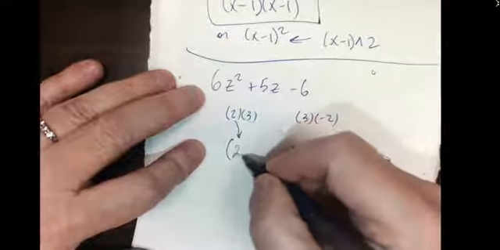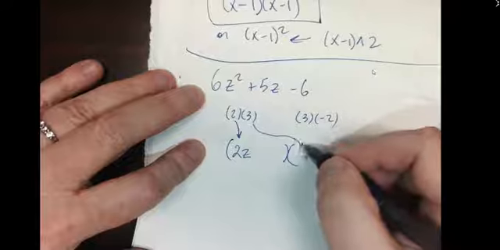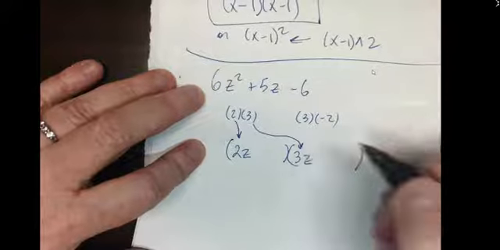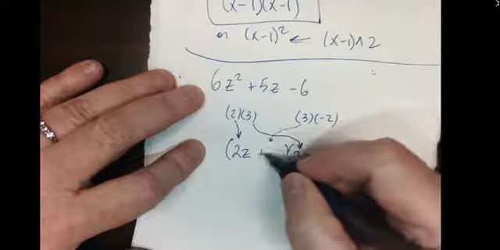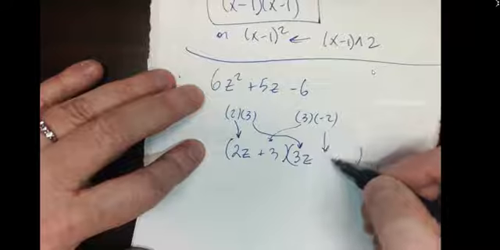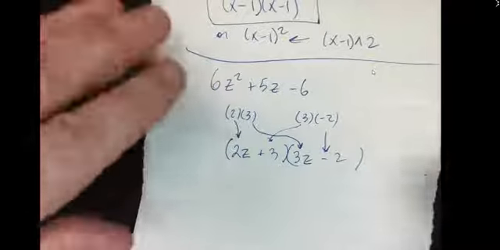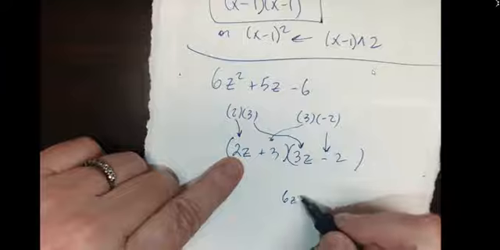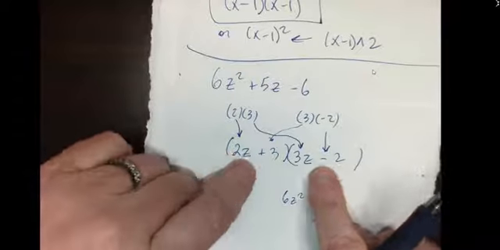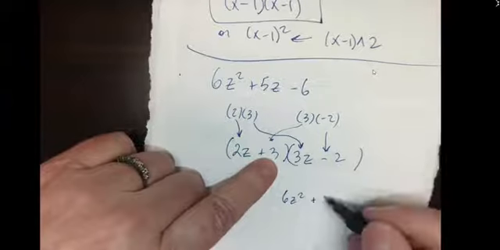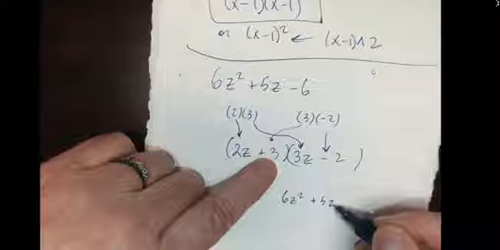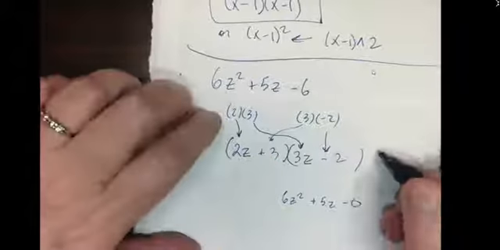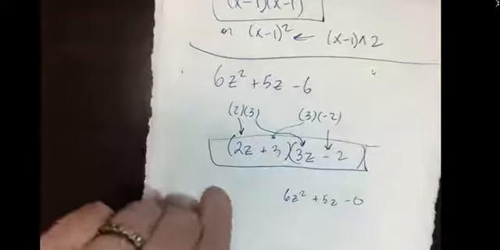And I'm going to have 2z there, and 3z there, and plus 3, and minus 2. And you can FOIL it to make sure it works. So checking, 6z squared minus 4z plus 9z, and then minus 6. Okay, so this is the factorization that I need.